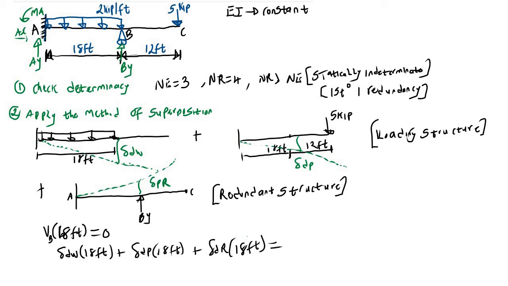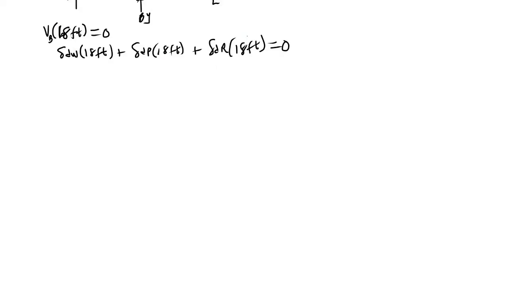So this should be equals to 0. So now we need to know the displacement due to the distributed load, the displacement due to the point load, and the displacement due to the redundant load. So what we're going to do is we are going to take a look at a table.